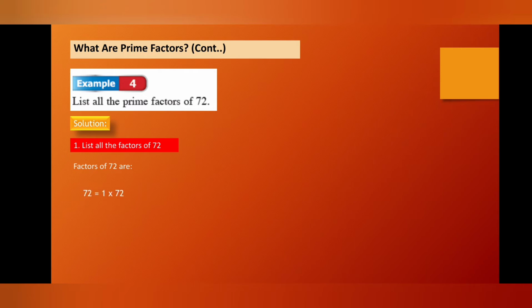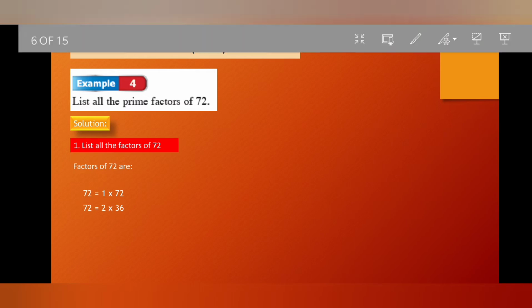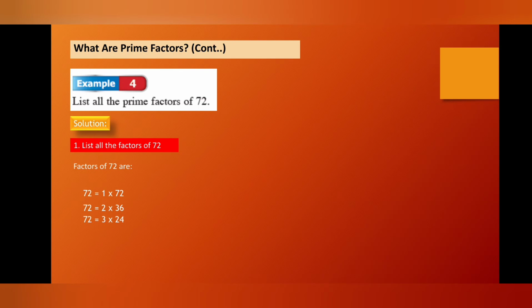72 equals 1 multiplied by 72. 72 equals 2 multiplied by 36. 72 equals 3 multiplied by 24. 72 equals 4 multiplied by 18. 72 equals 6 multiplied by 12. 72 equals 8 multiplied by 9.